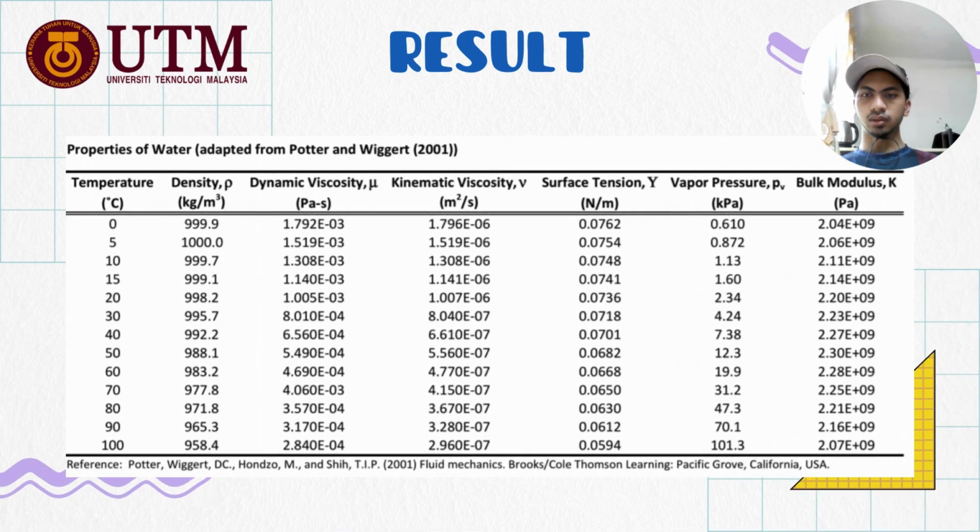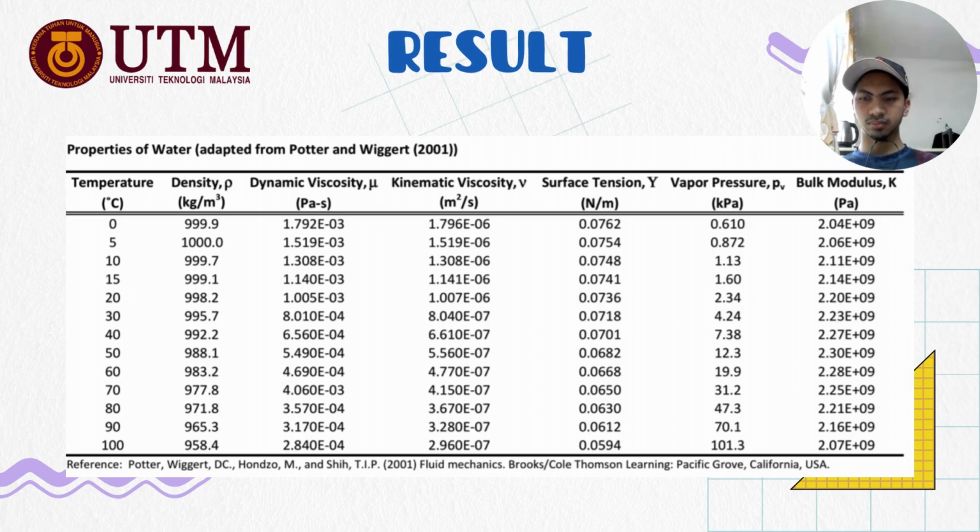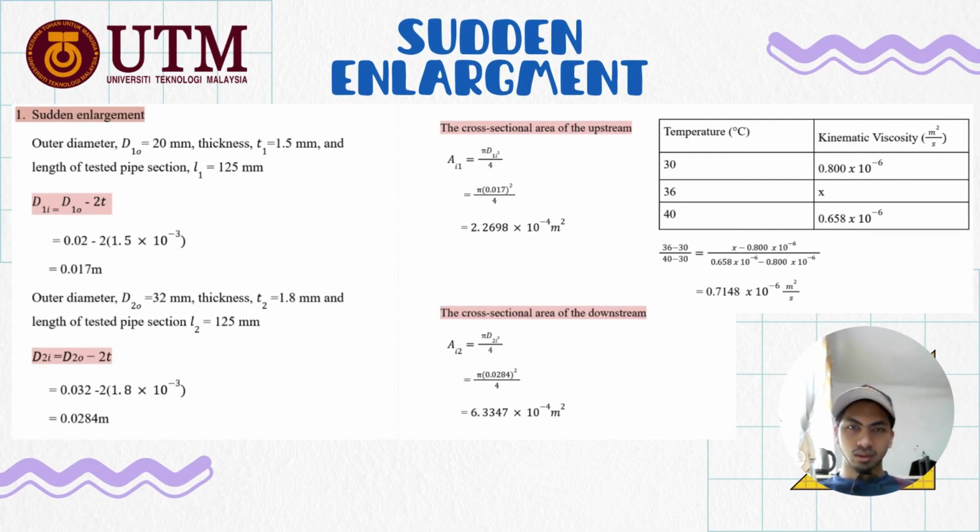So here is the properties table for the kinematic viscosity at certain temperatures, and we must find the kinematic viscosity at a temperature of 36 degrees Celsius. After we get that, we must calculate for the sudden enlargement first. For this, we must find the diameter of the inlet.